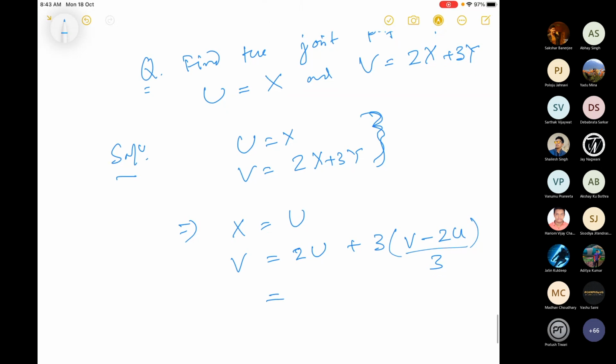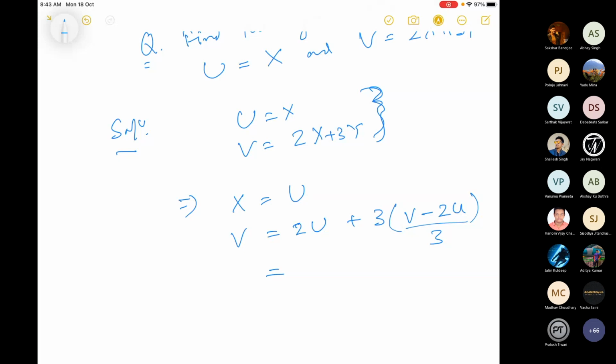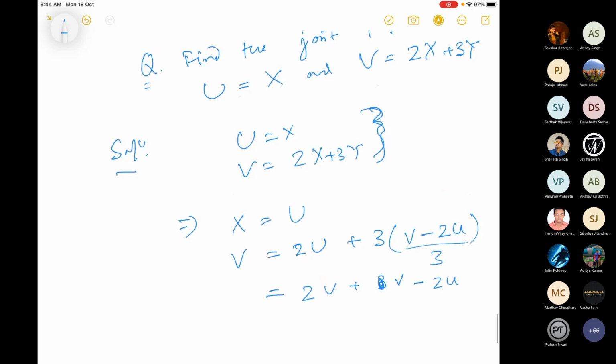Is that okay? I do a lot of calculation mistakes, so let me just write it. From here you can find out what y is: y will be v minus 2x by 3.